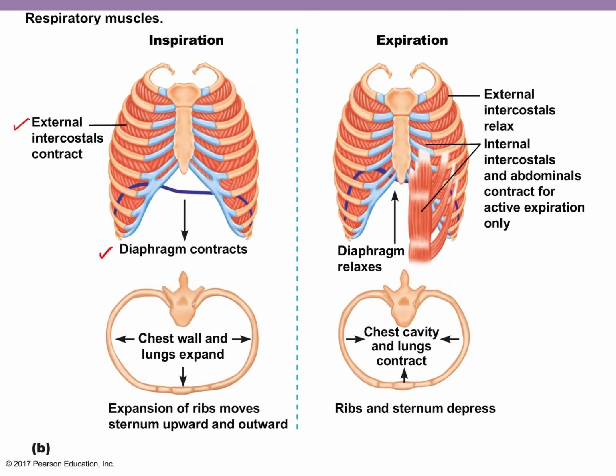The nervous system stimulates your diaphragm and your external intercostals, and the diaphragm moves down to give you more room on the inferior border of the thoracic cage. Your external intercostals elevate the ribs, and your whole chest wall will expand.